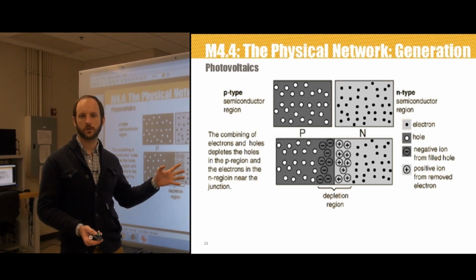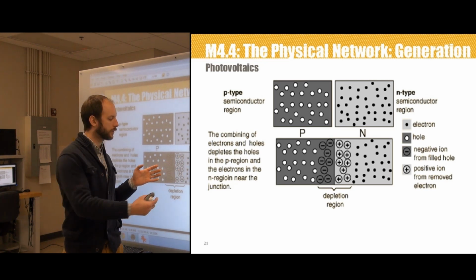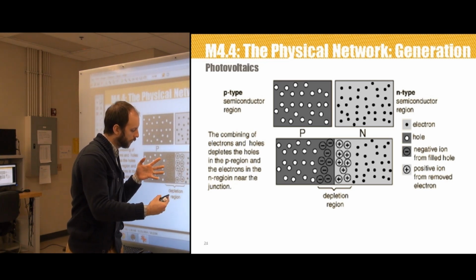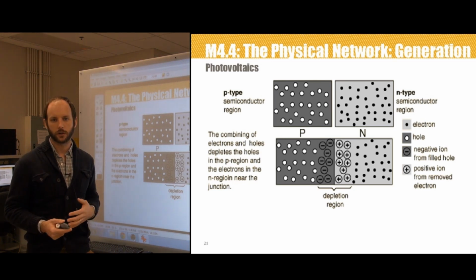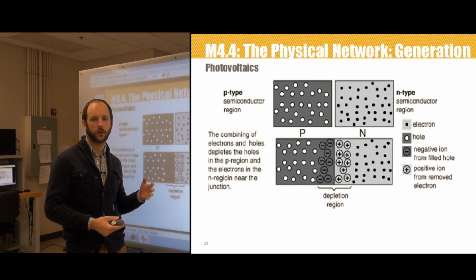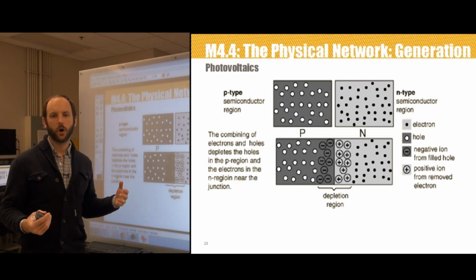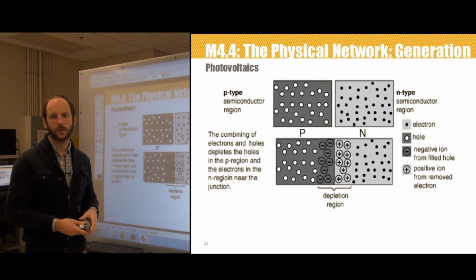Since these charge carriers are mobile, since they're moving, they create a current. We've got holes going this way, and electrons going this way. This is called a diffusion current. As the diffusion current flows across the junction, electrons and holes are going to recombine with the opposite carriers on the other side and thus disappear.